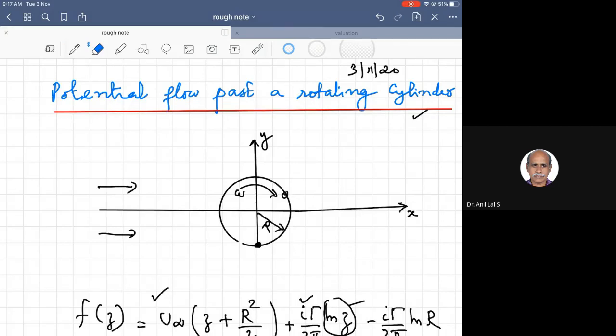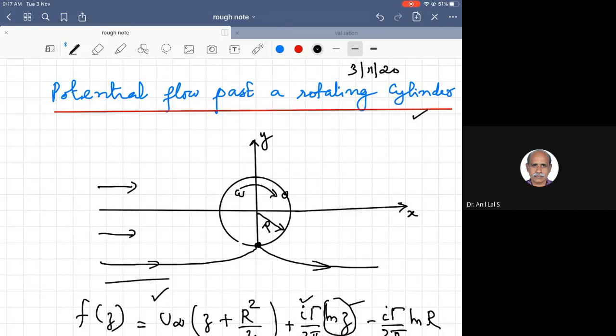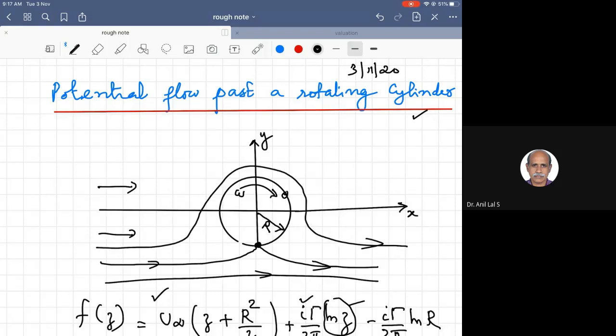So in that case, the streamline should be like this. So we have a streamline like this.